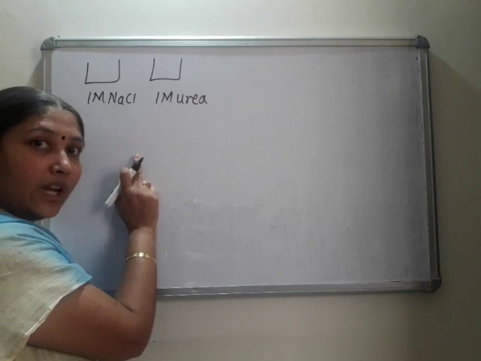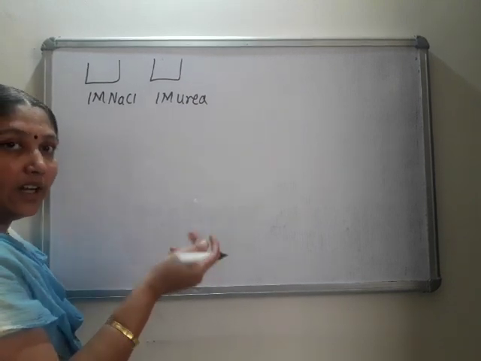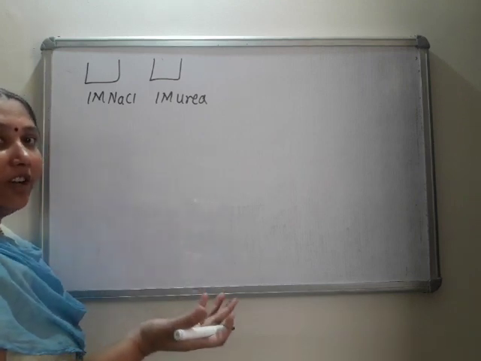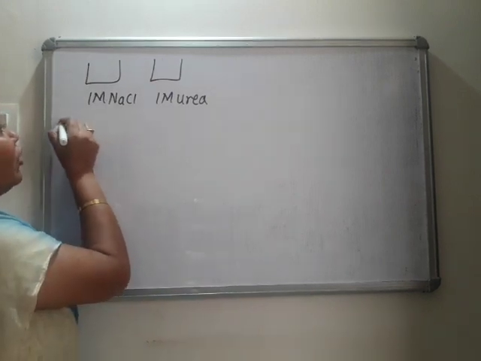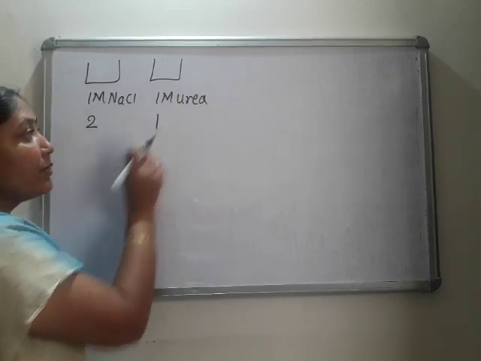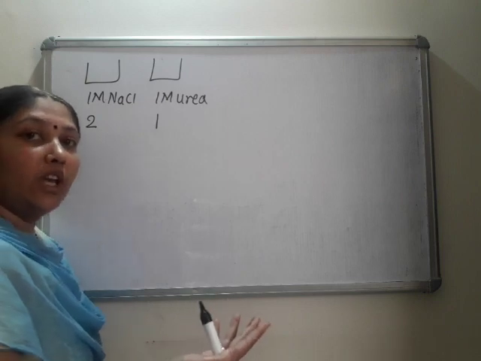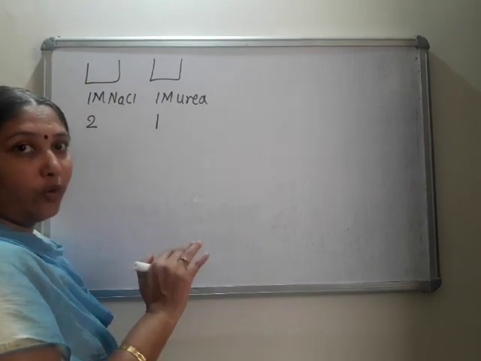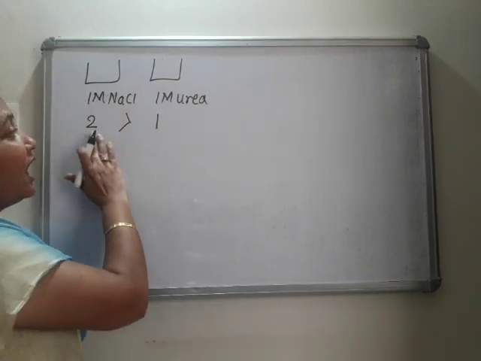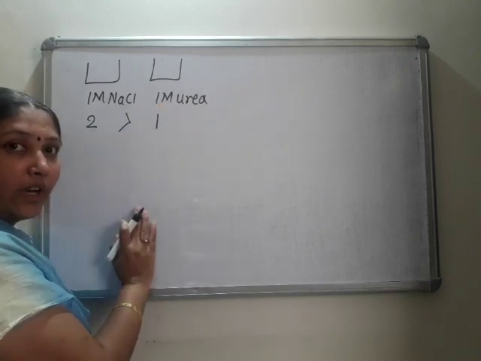Electrolyte means it dissociates completely. 1 molar NaCl contains 2 moles of particles, 1 molar Na plus and 1 molar Cl minus, so the number of particles here is 2, and here it is 1. The more the number of particles, the more is the magnitude of the colligative property. So colligative properties of an electrolyte are always greater than those of a non-electrolyte.